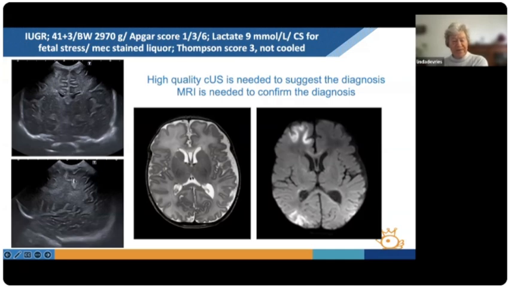We see that the sulci are a little bit fuzzy, which also is a little bit suspicious. But then if you look at the MRI, life is a little bit easier. Again, this high signal on the right side and also here posteriorly, and the diffusion showing the cortex being very much involved in this unilateral type of watershed injury.